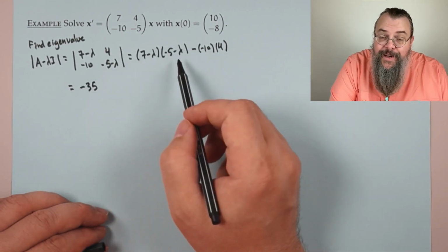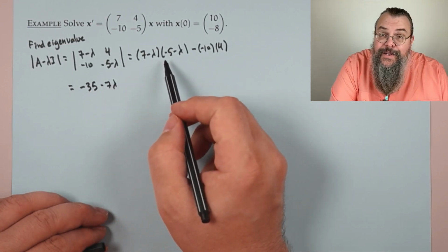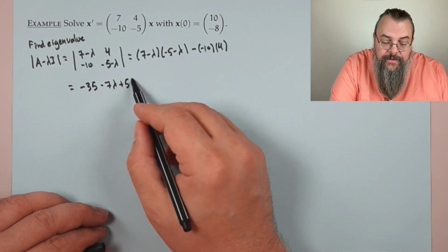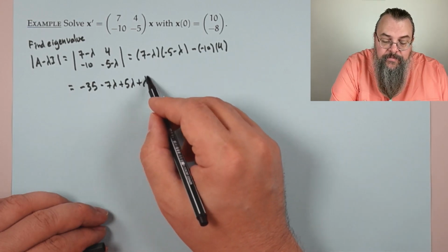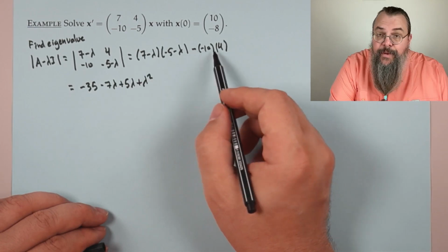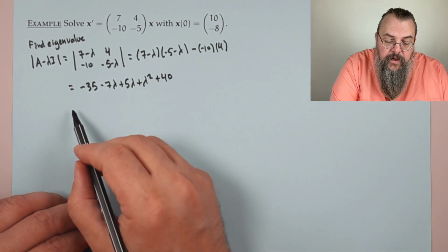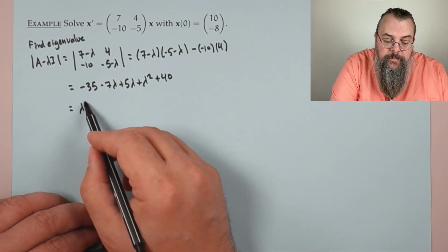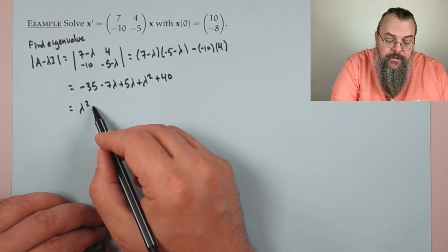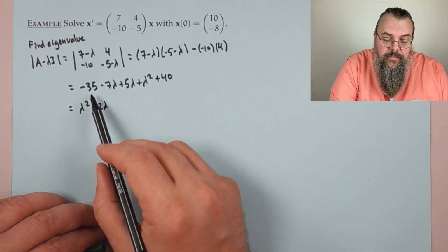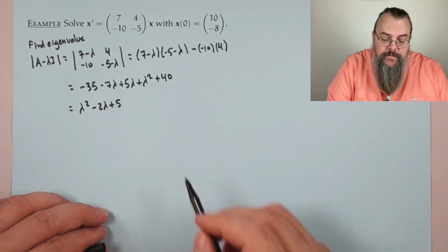Then we have 7 times minus lambda, minus 7 lambda, minus lambda times minus 5, plus 5 lambda, and of course don't forget the lambda squared. And then minus 40 makes a plus 40. All right, so that gives us lambda squared, minus 7 lambda plus 5 lambda, minus 2 lambda. Minus 35 plus 40 is plus 5.